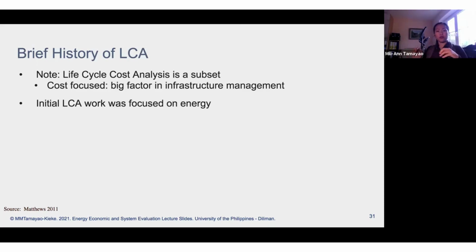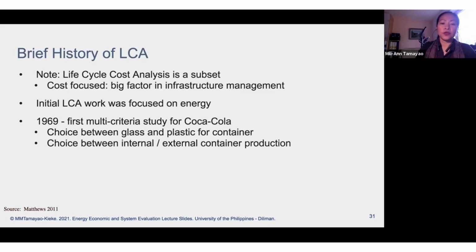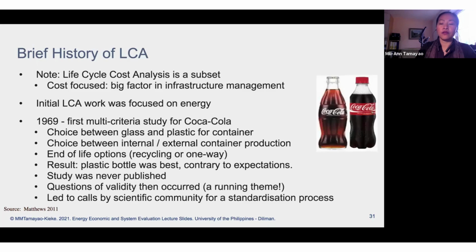So the initial works on LCA was actually focused on energy. So in 1969, the first multi-criteria study for Coca-Cola was performed. No? So it was a choice between glass bottles or the plastic bottle, okay, for the container.